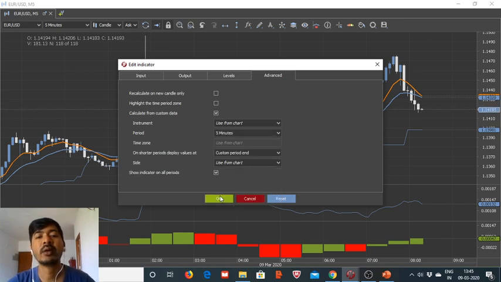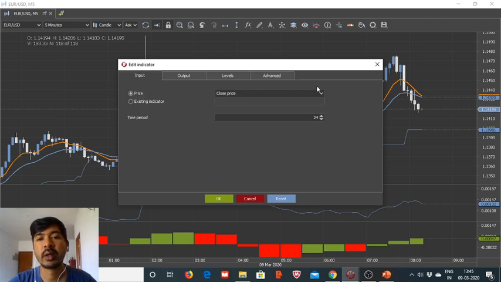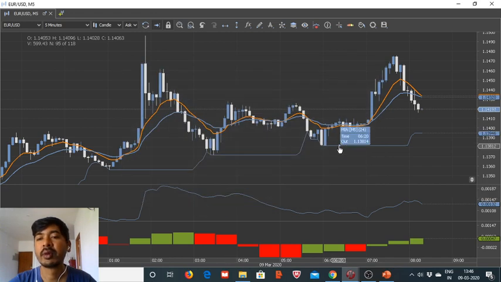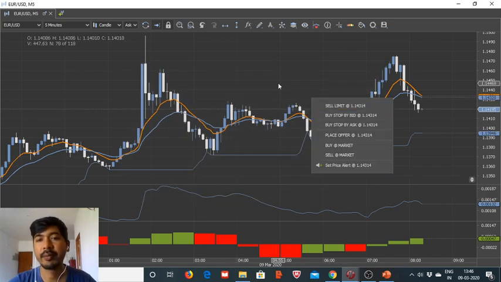Okay, and we are going to define the low value for the last 24 candles of 5 minutes each. That will mean that 2 hours of data will be there. And now let's add maxima.